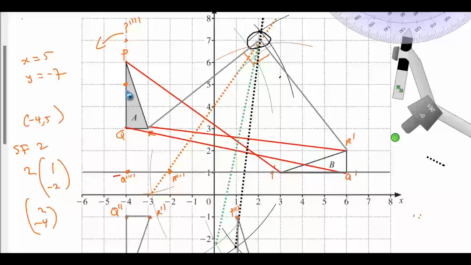So let's count from the center of enlargement. 1, 2 is here, then 4 downward, 1, 2, 3, 4. So we still have it to be here. So let's connect them together. So it will be this here. Then let's connect this and these two. Should be here. And I think this one has already drawn itself.